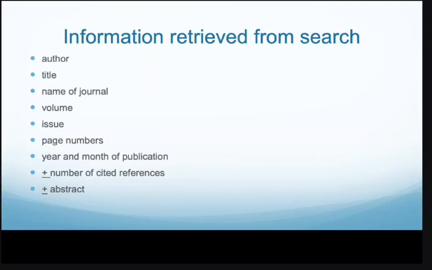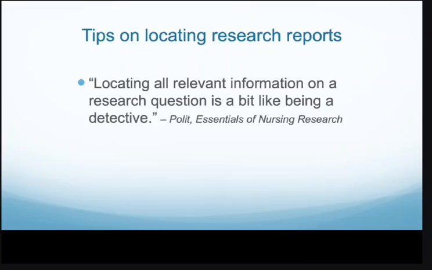The textbook that I used to make students buy for this course was by Denise Polite. There's a quote from her that says, locating all relevant information on a research question is a bit like being a detective. And that is very true. You don't just look at the first 5 things that come up on your search, because you may find valuable information by digging a little bit like a detective would.